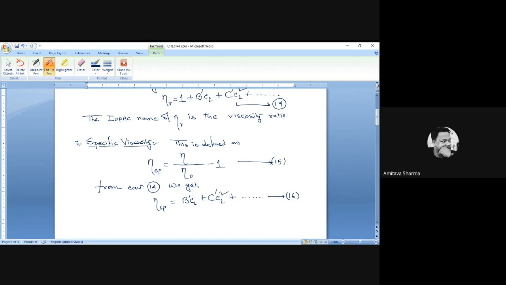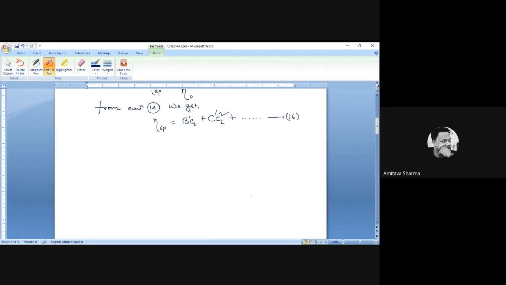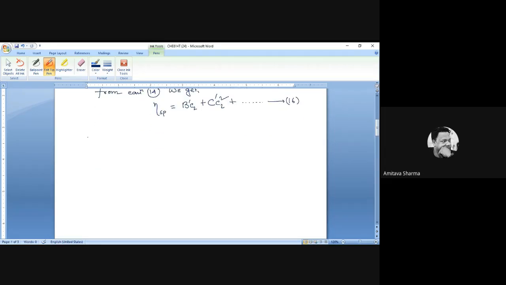Next one: these are very small types of discussion. A 1 or 2 marks short question is possible for this.